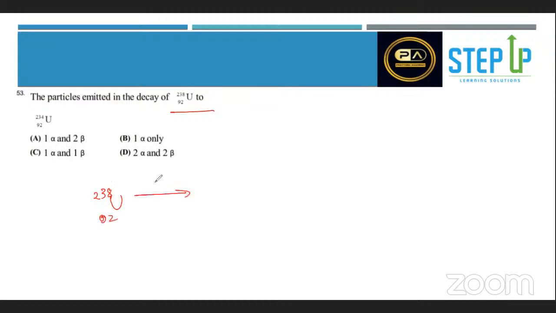If it loses one alpha particle, it will become 234 and 90, since the alpha is 4 and 2. So now it became 90, and I need to make it 92. To make it 92, I don't have anything directly to add, so I'll take one beta emission. When I take one beta emission, it becomes 234 and 91.